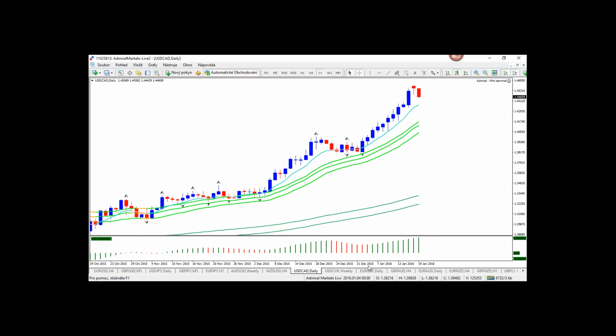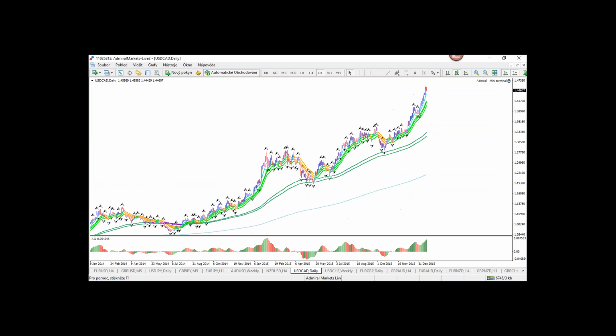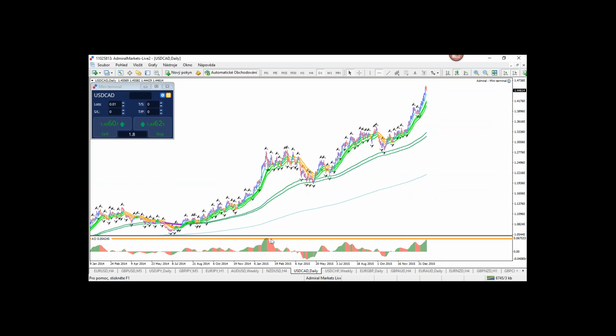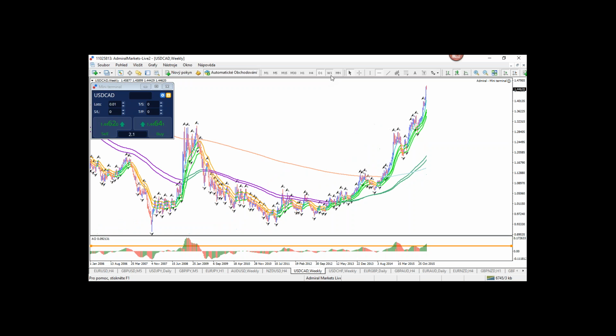I don't see any signs of divergence between these tops, at least. Let's see. Let me take a look. There is some divergence on the weekly chart.